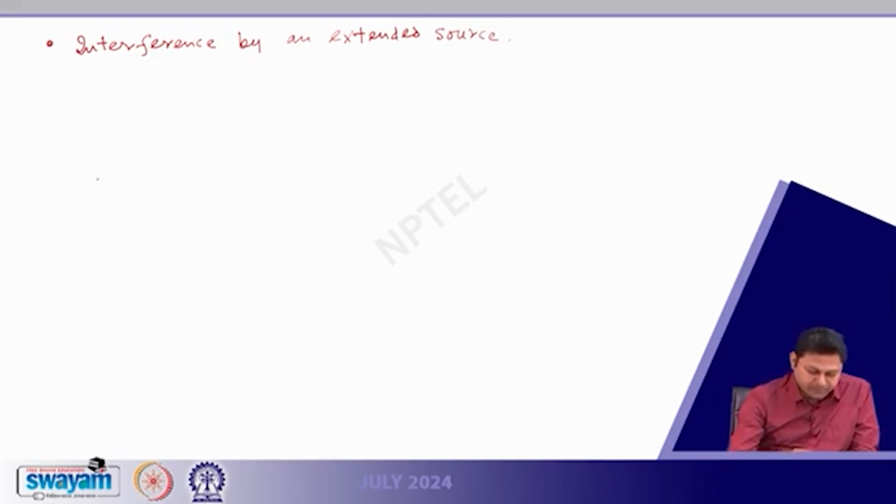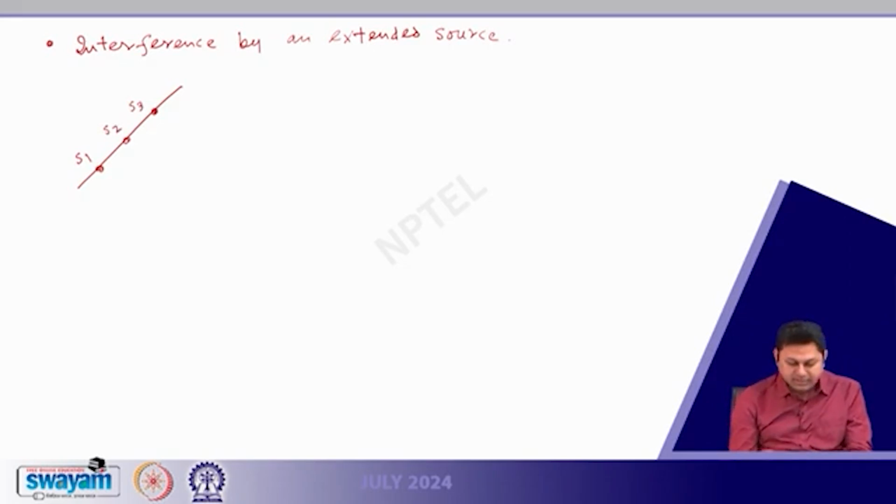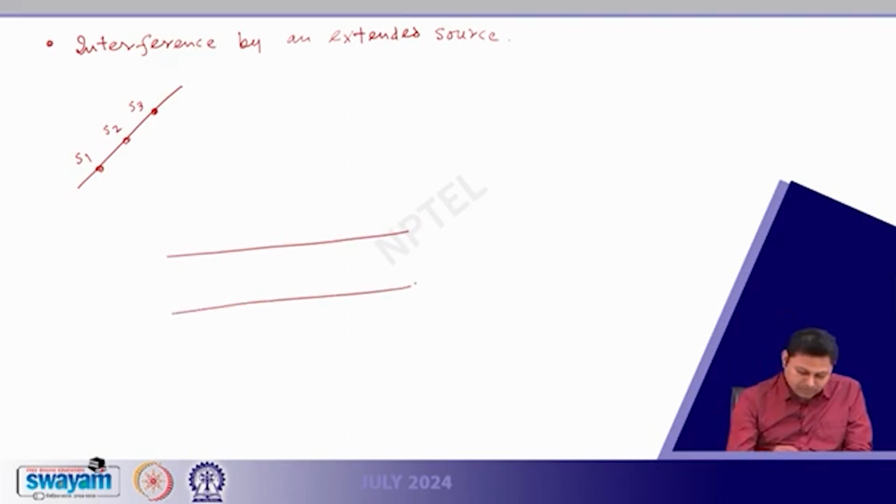What is the meaning of extended source? It means instead of one point source, I have more point sources, say this is S1, this is S2, this is S3, and the rays are coming from S1, S2, S3, like this, parallel rays.